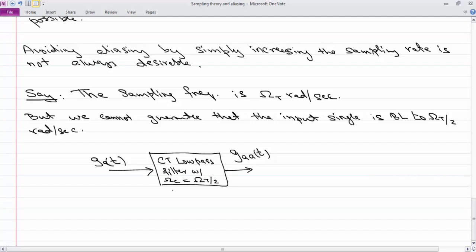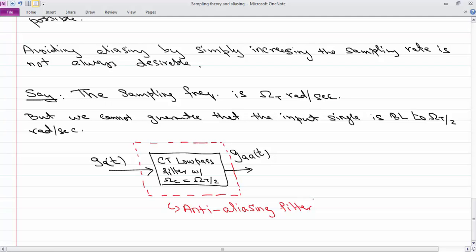So this filter, which is put at the start before your sampling process and has a cutoff of omega T by 2, is called the anti-aliasing filter. It's just a specific name to describe it.